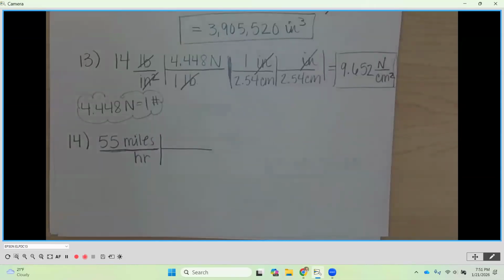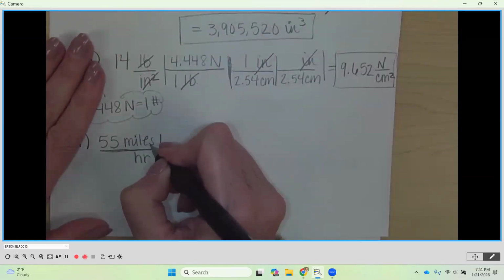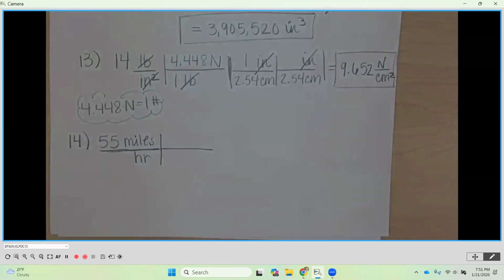And we need to get to feet per minute. Yeah, feet per minute. Go ahead and do it. See what you come up with. And I'll do it in just a little bit.